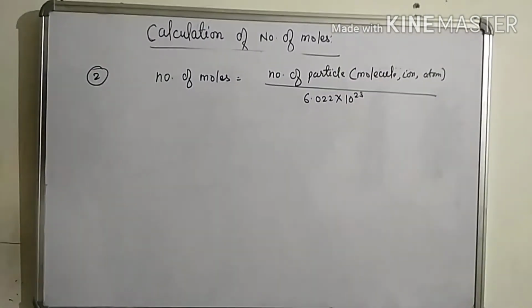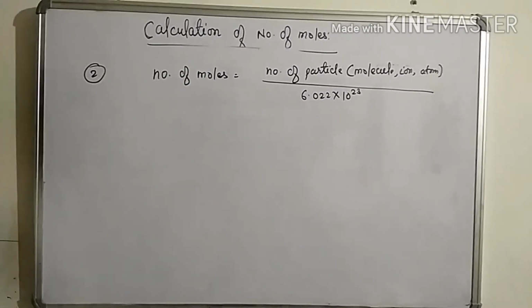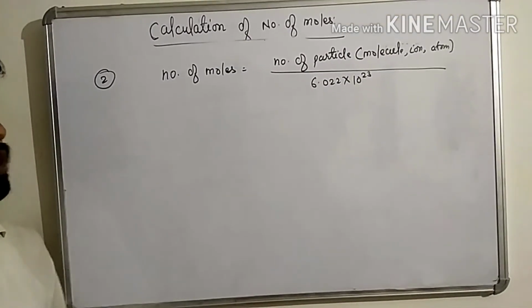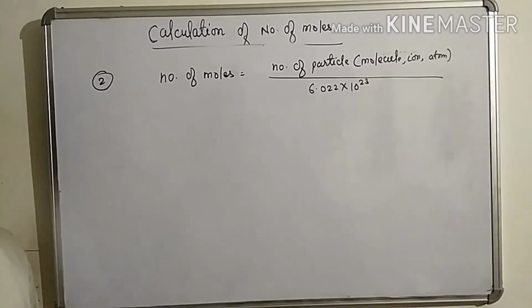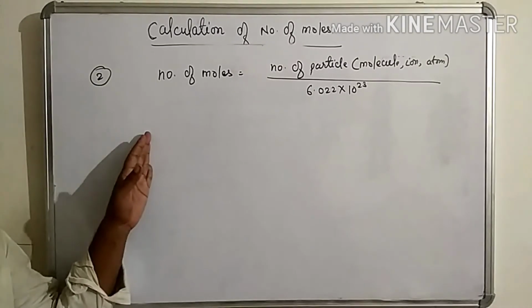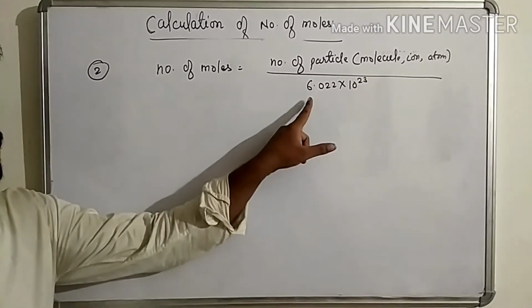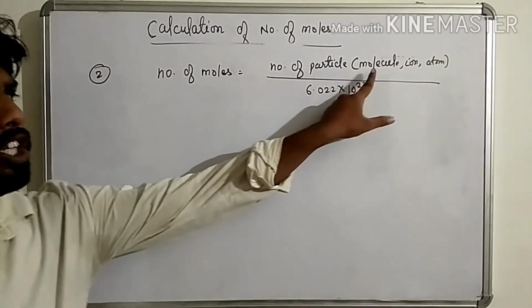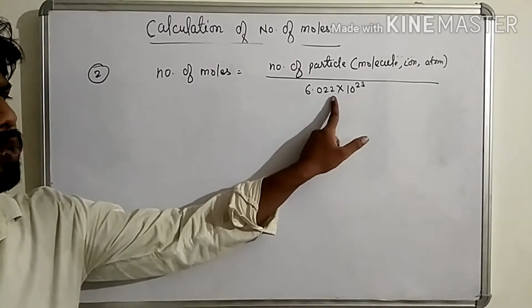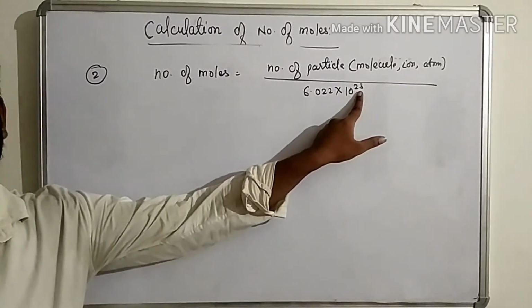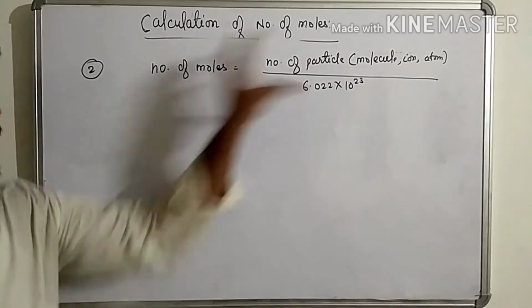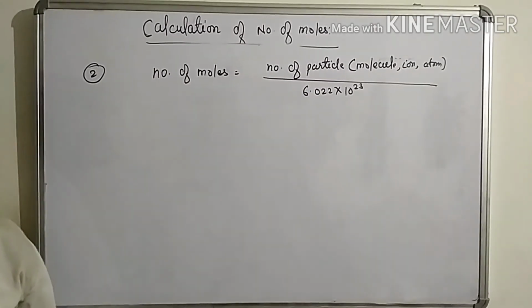Children, if the number of particles is given there and the question is asked about number of moles, so if we divide number of molecules by 6.022 10 to the power 23, we will get the number of moles.